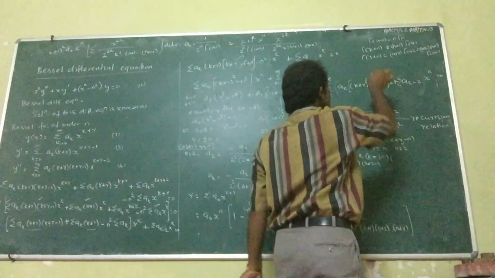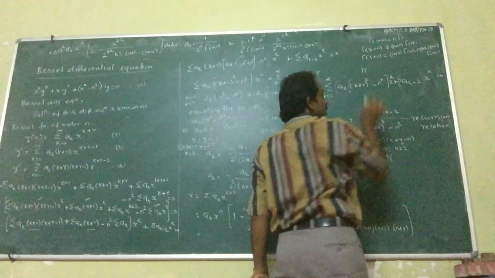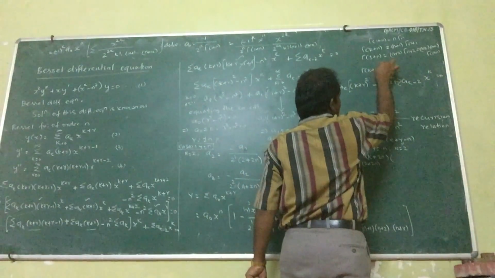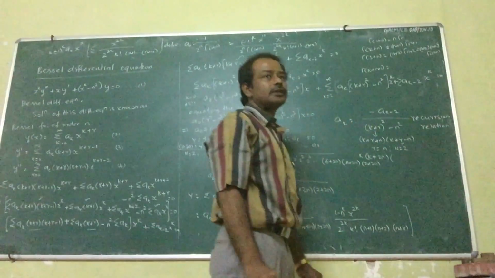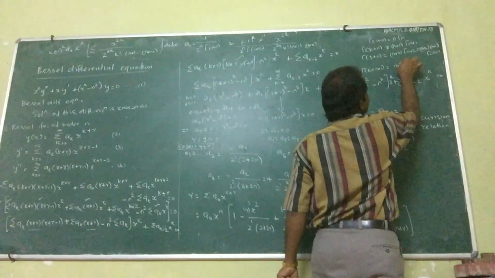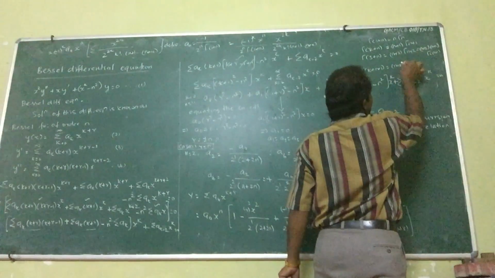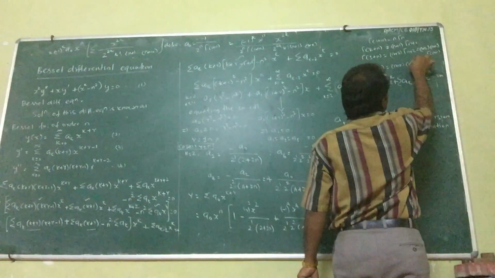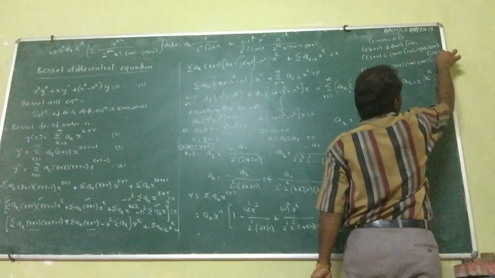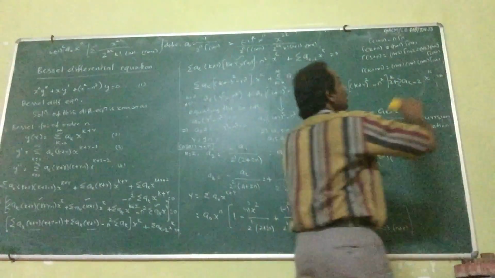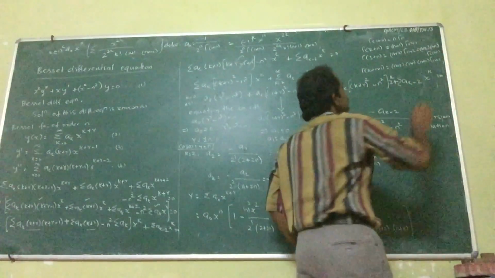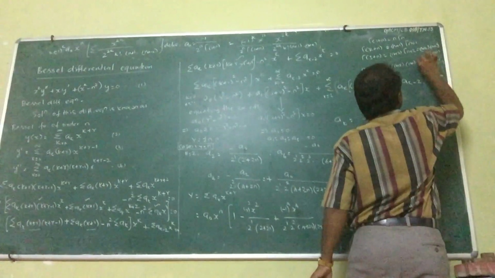Similarly, I can write gamma k plus n plus 1. The last term will be n plus k gamma n plus 1, and the previous term also n plus 1, everything will be the same.